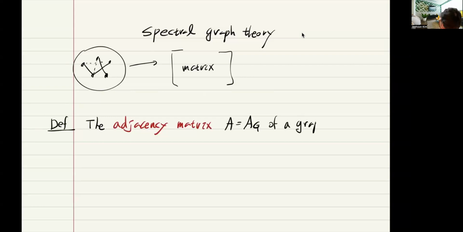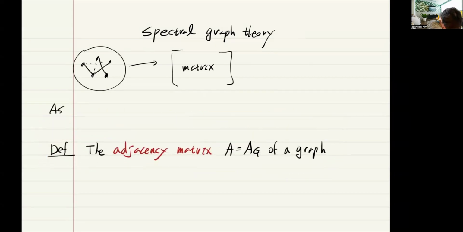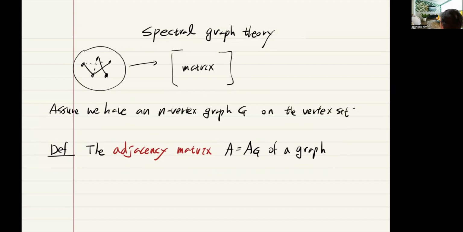So from now on, assume we have an n-vertex graph G on the vertex set [n]. So its vertices are 1, 2, up to n, the natural numbers.